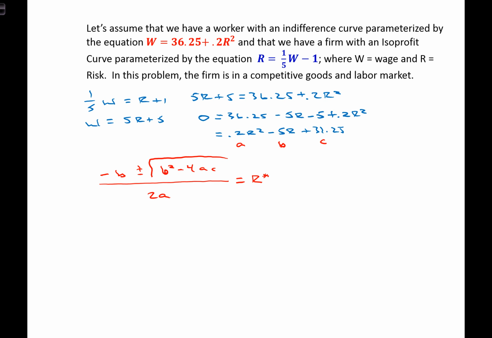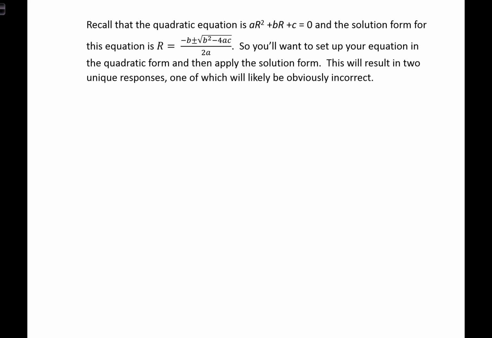So let's go ahead and see how this sets up, and if we can go ahead and solve this equation.